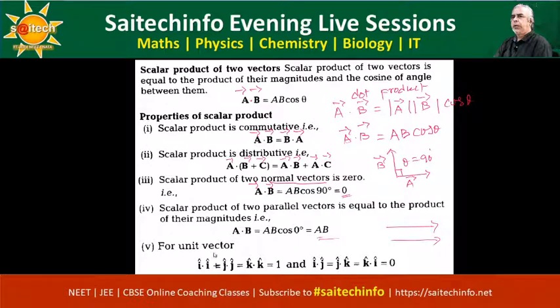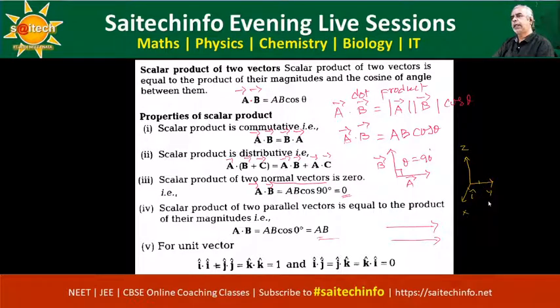Then the unit vector. As I already mentioned, let me consider the x-axis, then the y-axis, and the z-axis. Along the x-axis, unit means 1, and the unit vector is represented as i cap.